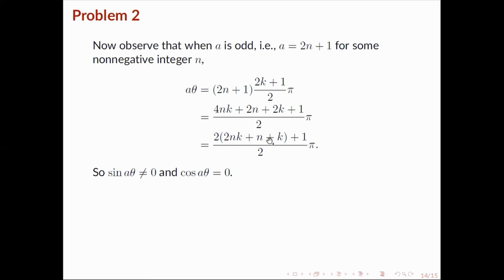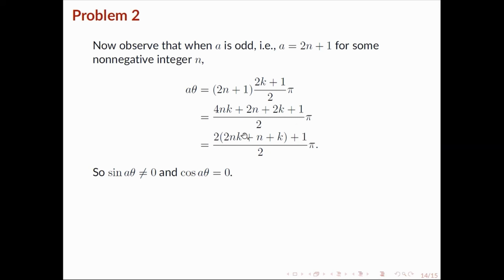So in this form, we can actually see that this is (2 multiplied by some number plus 1) all over 2 multiplied by pi. So we can see that sine a theta is not equal to 0, but cosine a theta is actually equal to 0 because this is in the form of pi over 2 multiplied by some number.